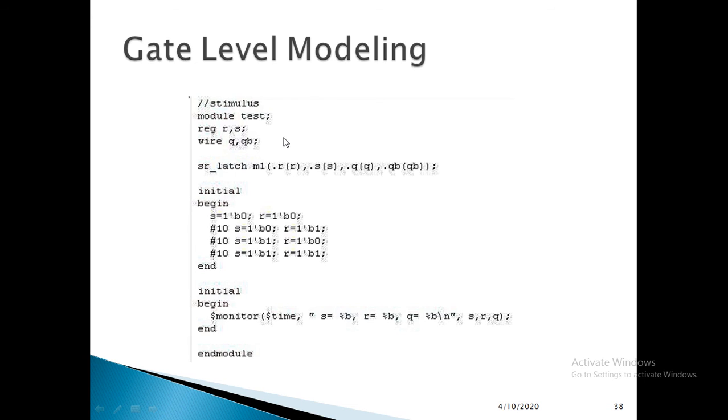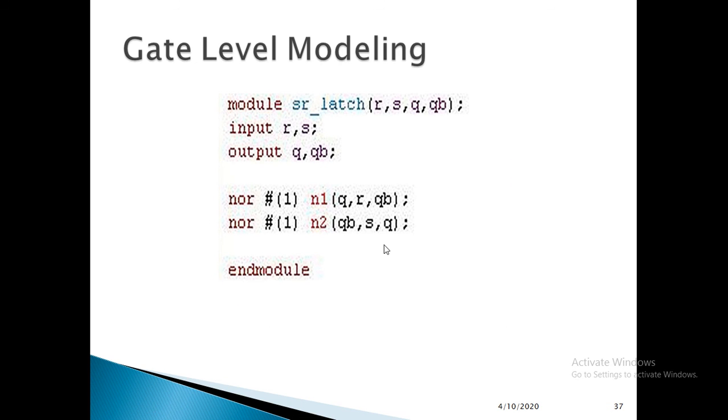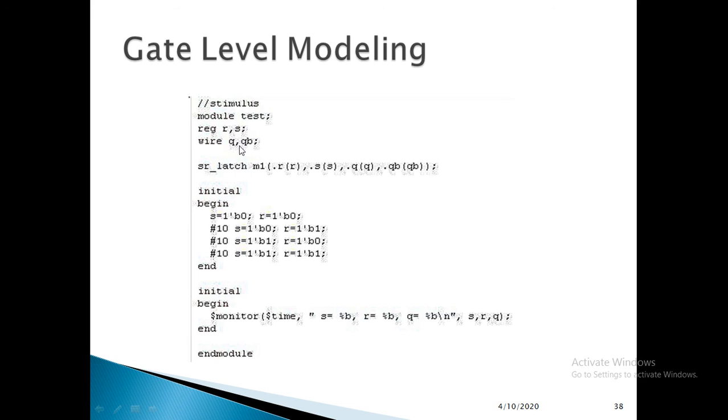As the inputs go from the stimulus to the design block, the input connections are made with this R and S, so these should be the register data type, and the outputs are Q and QB, and the outputs in the design block will connect with wires in the stimulus block.